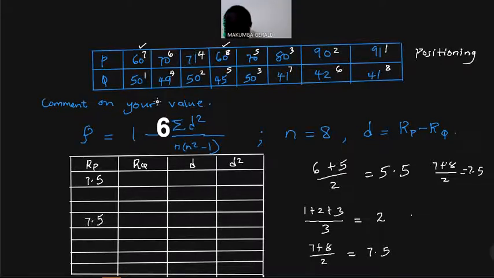So whatever is not repeating there. The 70s are here. They have positions 6 and 5, so the rank becomes 5.5. We are done with these ones which are repeats.